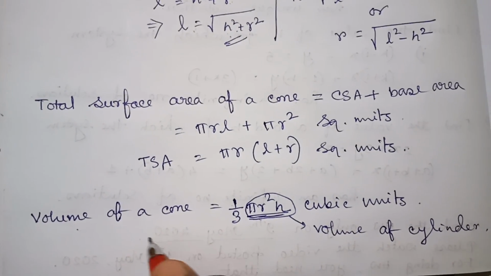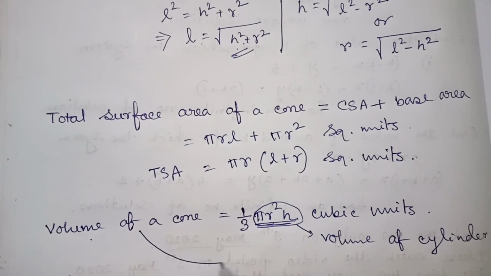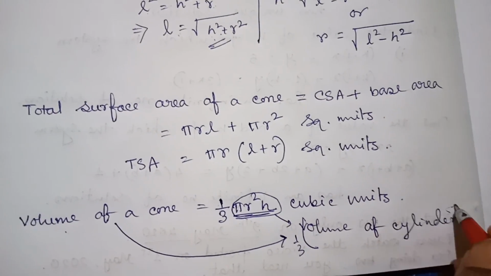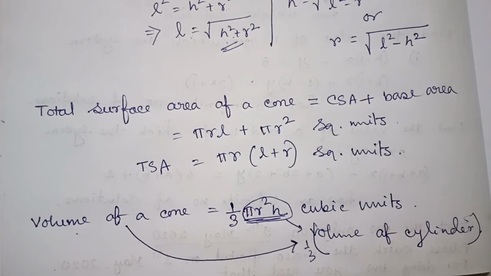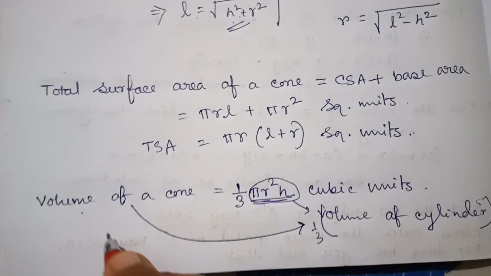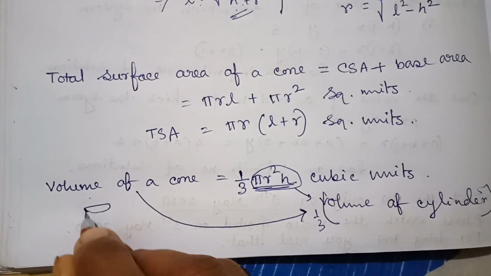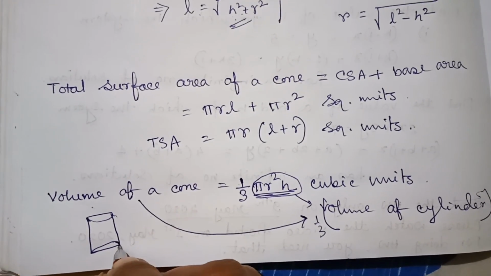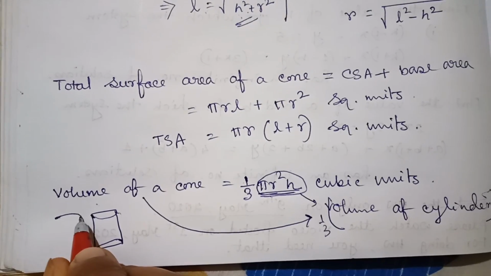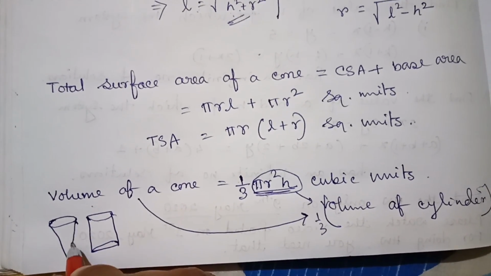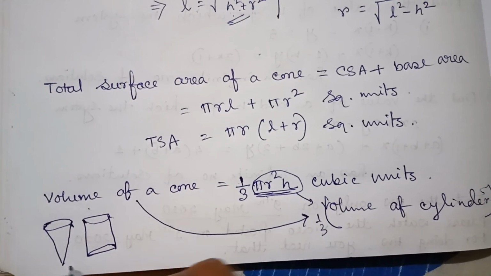That means we can say that the volume of a cone is 1/3 of the volume of a cylinder. Suppose you are taking one cylinder like this and one cone of the same circular base and same height.